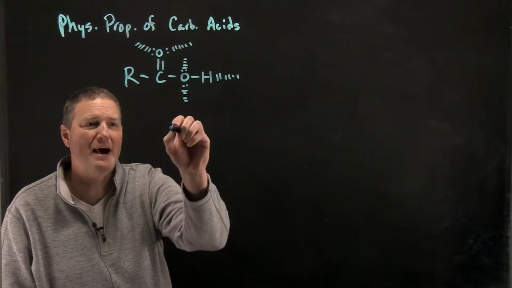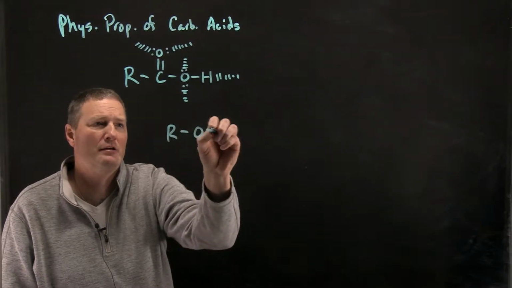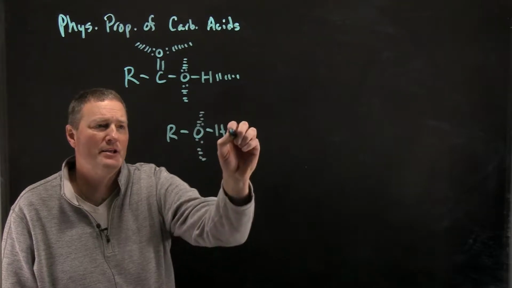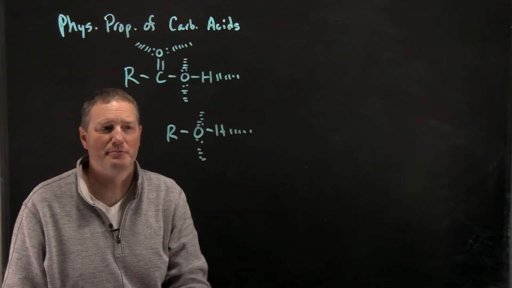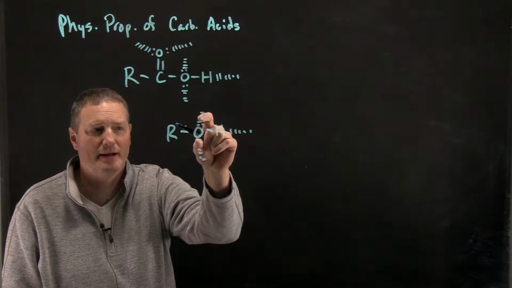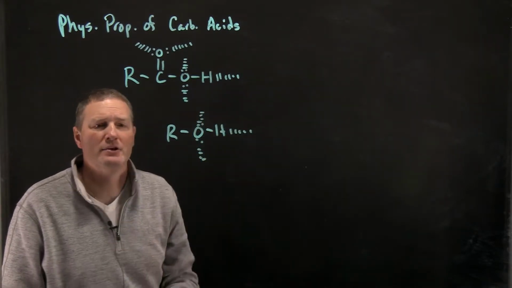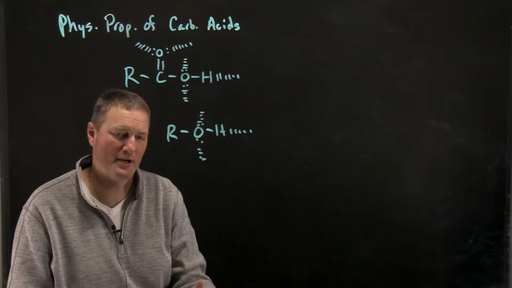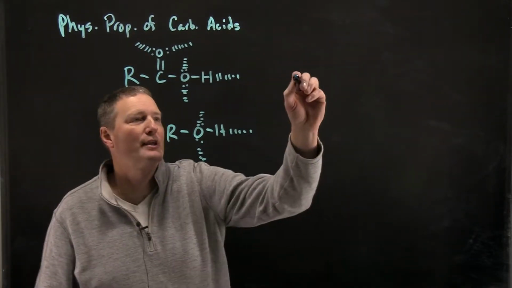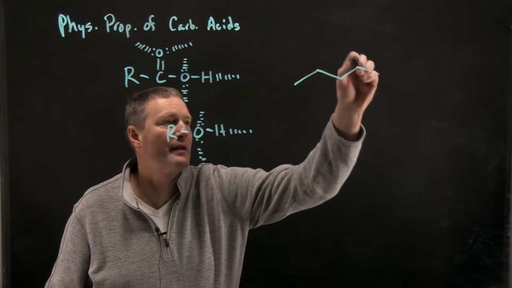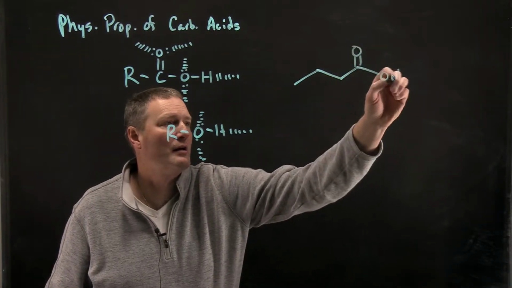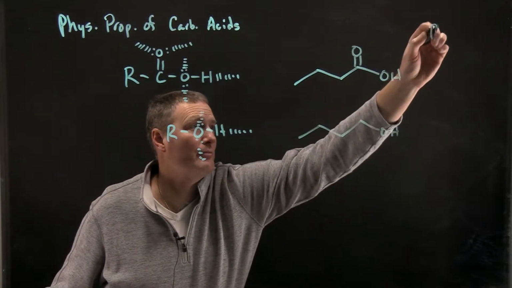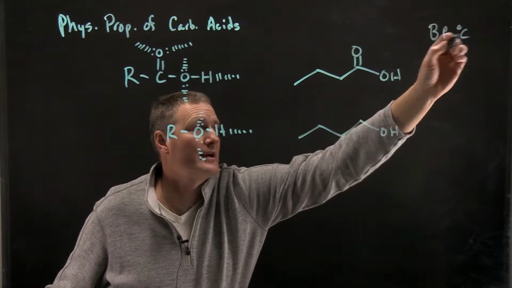If you compare that to, say, an alcohol, an alcohol only has really 3 locations where you could have a hydrogen bond. You have the 2 hydrogen bond acceptor lone pairs, and this one here. So if you look at comparing carboxylic acids to alcohols in terms of their boiling point, let's look at butanoic acid versus butanol, and I'll list the boiling point in degrees centigrade.